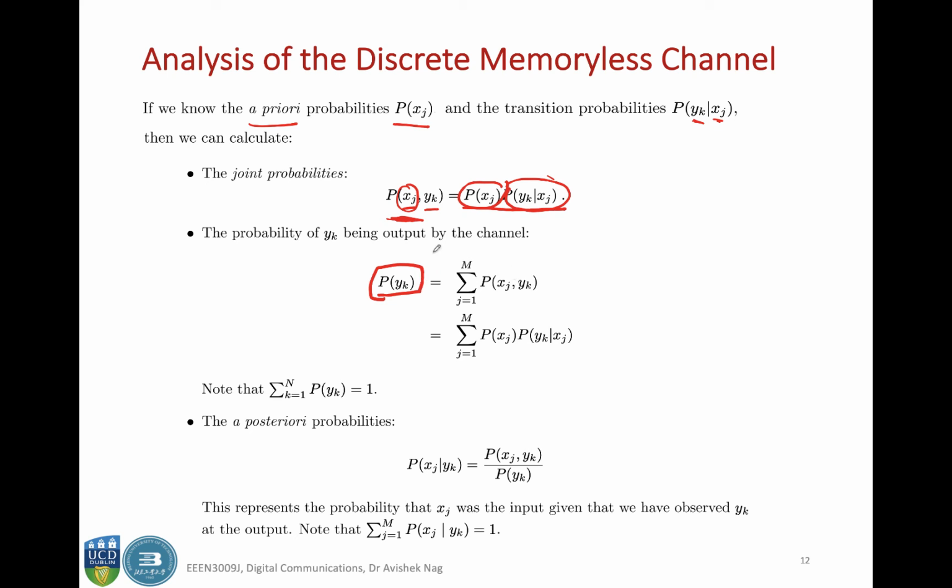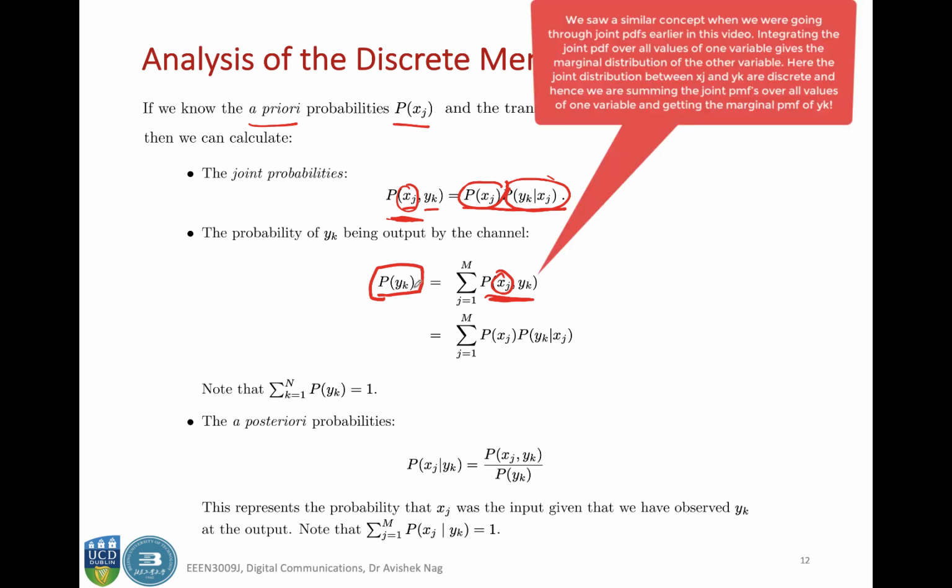Basically, if you have a joint probability distribution, as you saw previously, and you sum it over all values of one variable, then you get the probability of the other variable.